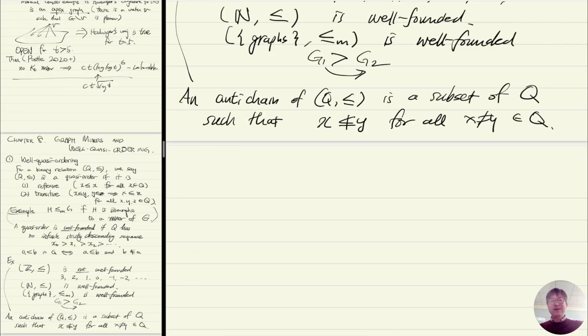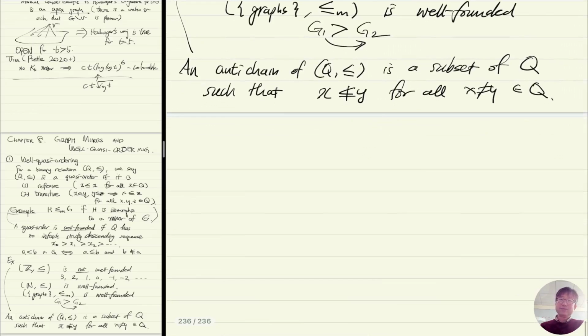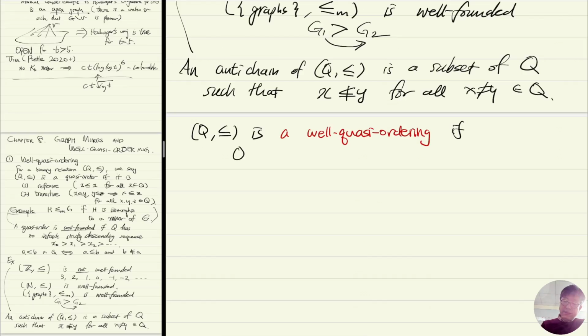Now I can define what a well-quasi-ordering is. This quasi-order is a well-quasi-ordering if it is well-founded and has no infinite antichain.